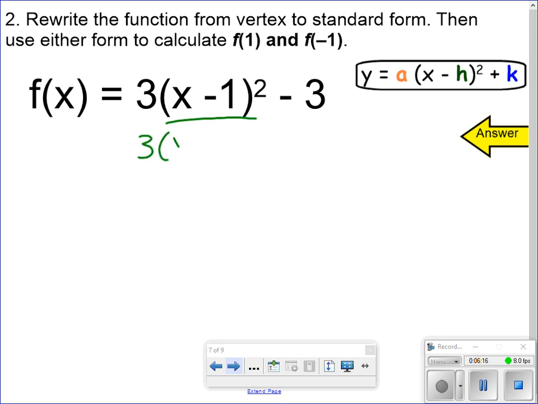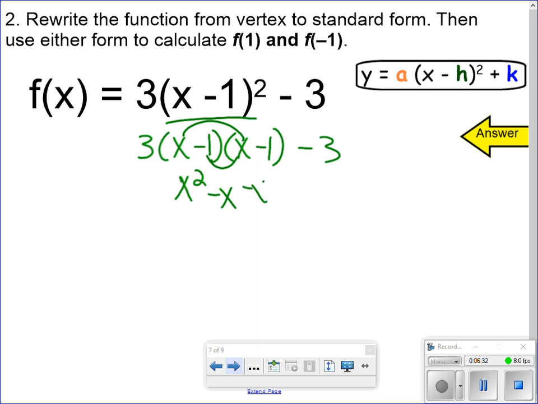This is really (x minus 1) times (x minus 1), minus 3. So we're going to have to FOIL here. When I FOIL, that gives me x squared minus x minus x plus 1. So that really is x squared minus 2x plus 1.